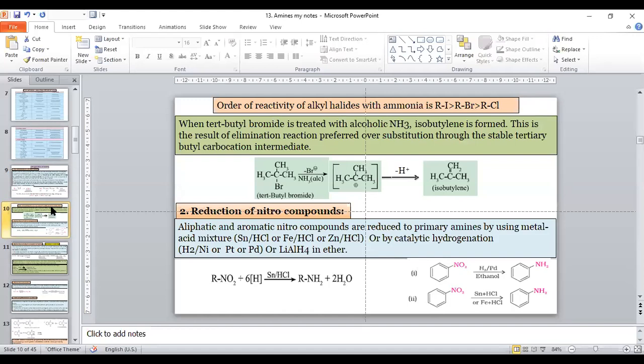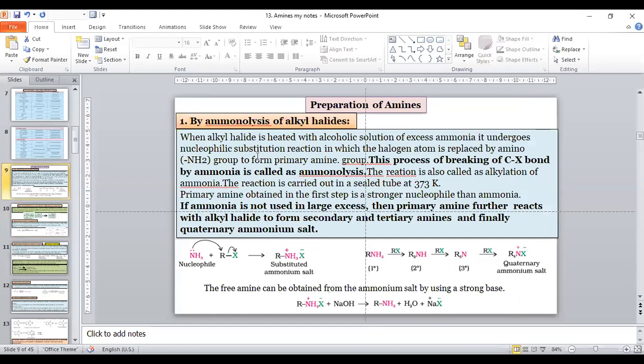I just want to revise within 1 minute because this is very important for the board exam. This is the ammonolysis of alkyl halides. Ammonolysis is nothing but the reaction of ammonia with alkyl halide. We have to use excess ammonia here. If excess ammonia is not used, we can get different products.